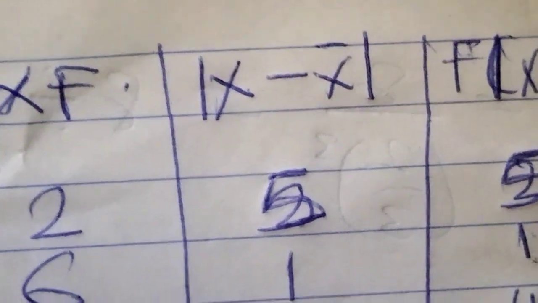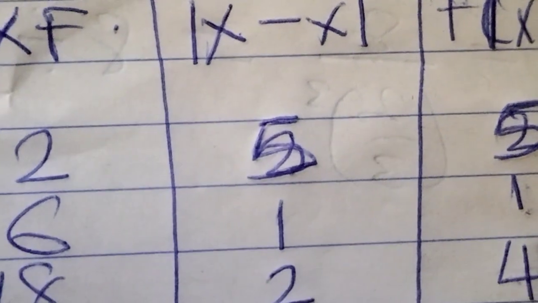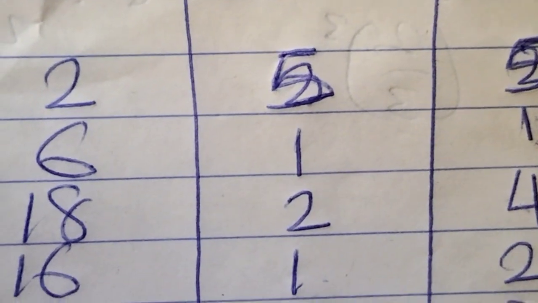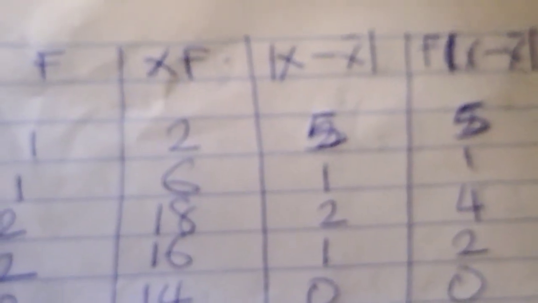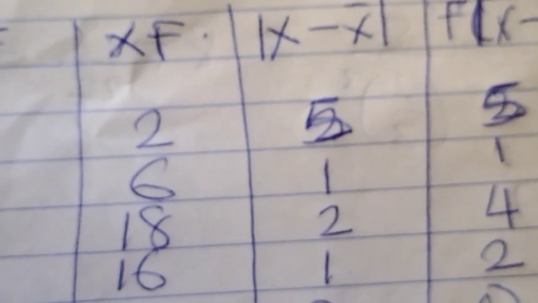So the error is corrected now. So for the first column, S minus S bar is 5. Second column, 2. Third, 2. And then 1 and then 0. So we have 5, 1, 2, 1, 0 under S minus mean.